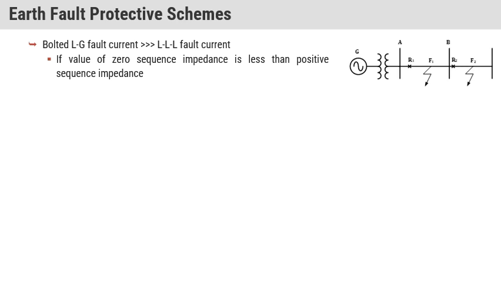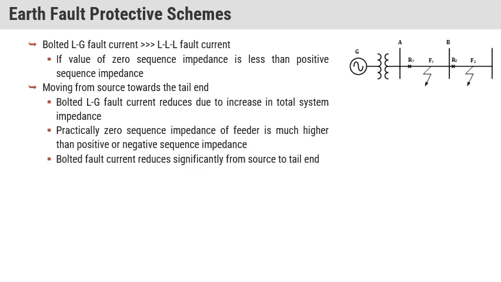If the zero sequence impedance is less than the positive sequence impedance, then moving from source towards the tail end, the bolted LG fault current reduces due to the increase in total system impedance. Practically, the zero sequence impedance of the feeder is much higher than the positive or negative sequence impedance, so bolted fault current reduces significantly from source to tail end.